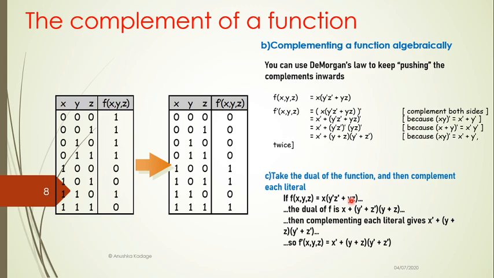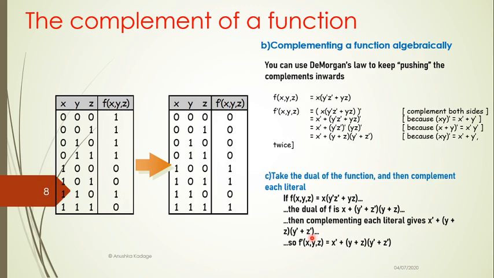In yz, these two variables are ANDed, so ANDing is replaced by ORing. After placing the dual operations, we will complement each of the literals given in this function. That means x will be replaced by its complement x dash, y will be replaced by y dash... z dash will be replaced by z, y will be replaced by y dash, and z will again be replaced by z dash.